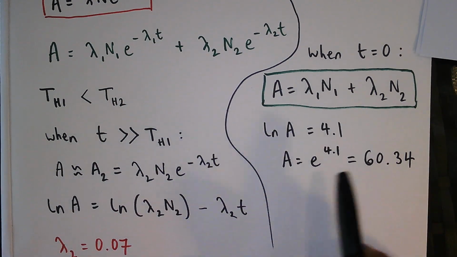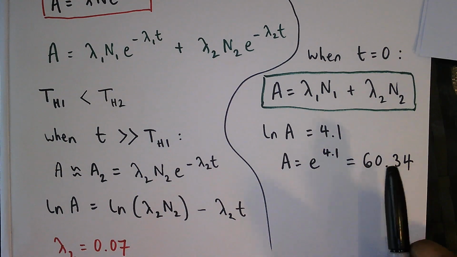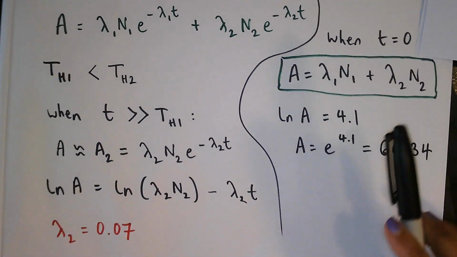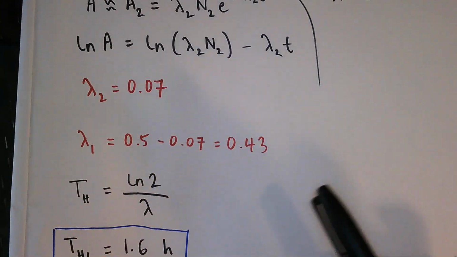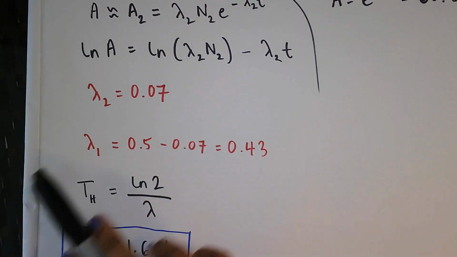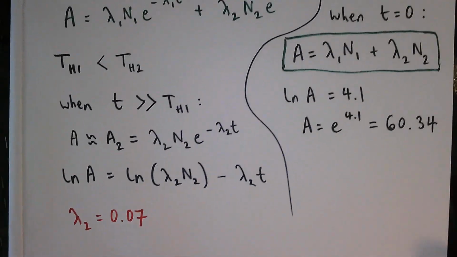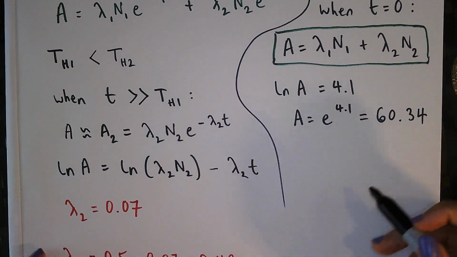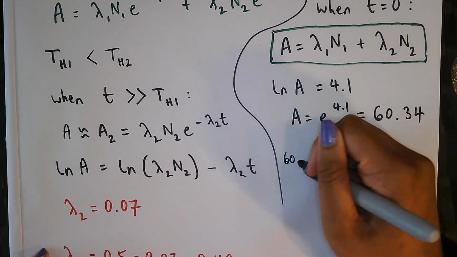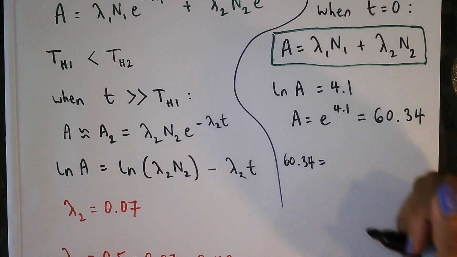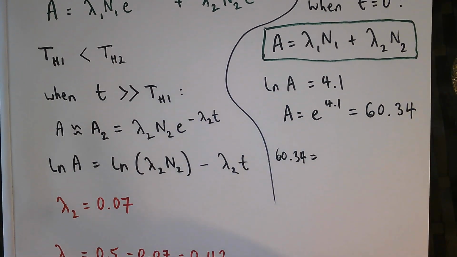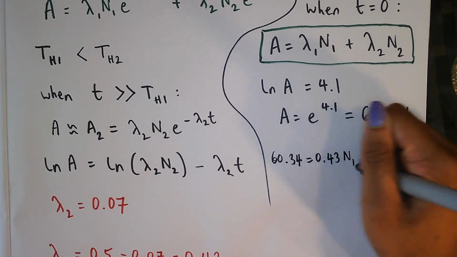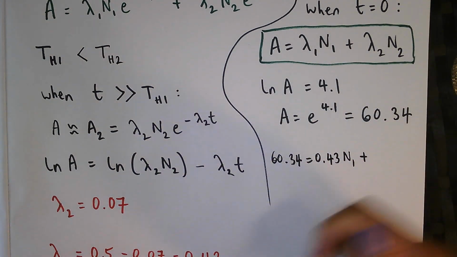And so if we substitute this value of A and the values of lambda 1 and lambda 2, which you've just calculated over here, into this equation, we get 60.34 equals, so lambda 1 was 0.43, plus lambda 2, which is 0.07.